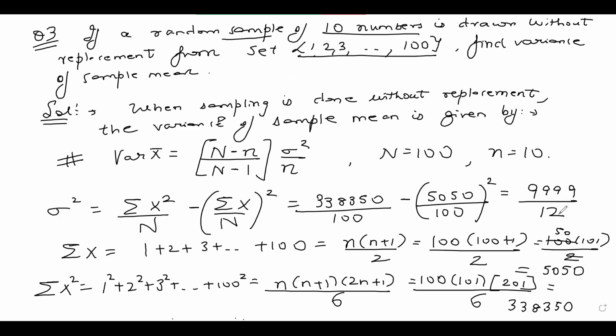Okay, so this is sigma square. So we have got everything. We know sigma square, we know capital N, we know small n, just put everything in.